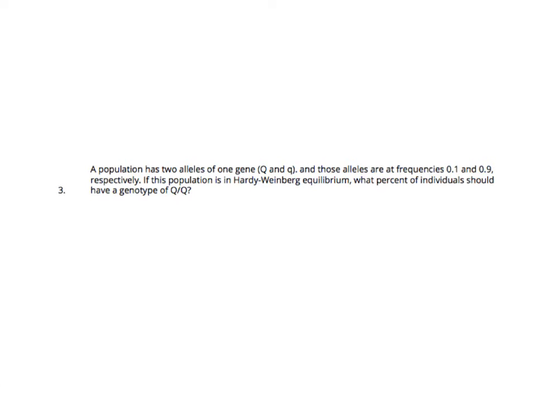So moving to the next question then. I give you allele frequencies. Big Q and little q are 0.1 and 0.9. So if this population's in Hardy-Weinberg equilibrium, and you know the allele frequencies, how many big Q over big Q genotypes should we expect?